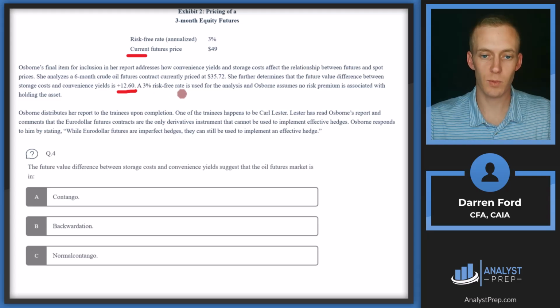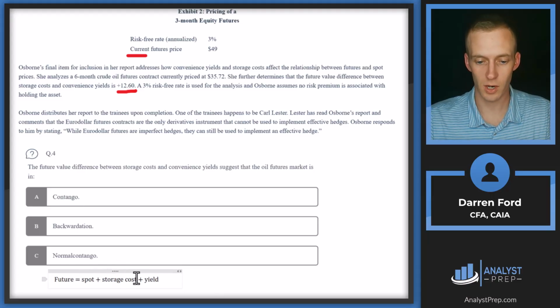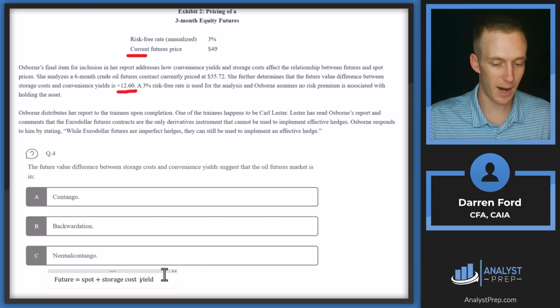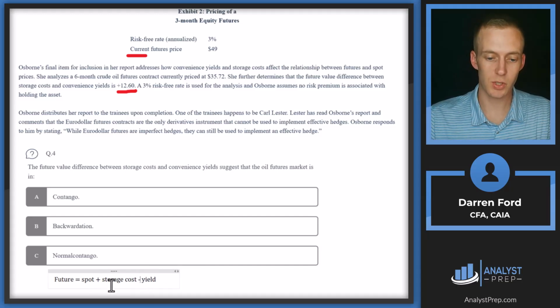A 3% risk-free rate is used for the analysis, and Osborne assumes no risk premium associated with holding the asset. So this is what that formula kind of looks like. The futures price is going to be roughly equal to the spot price plus storage cost, and then minus any yield. Essentially the storage cost is what it costs to store the commodity that you're looking at.